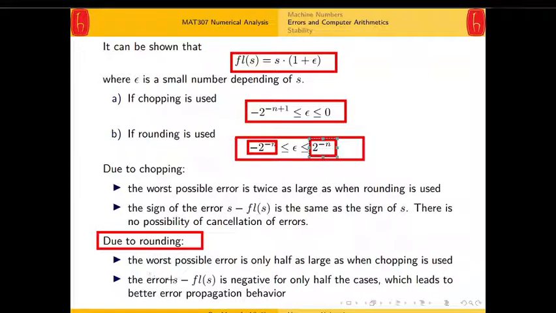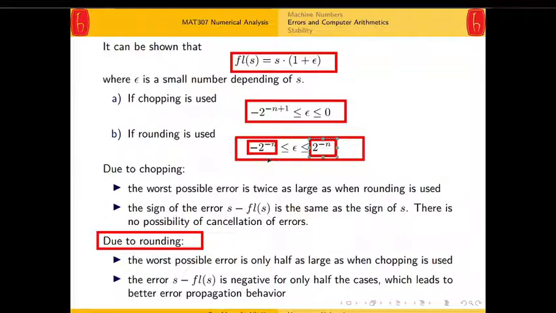So this is quite good. Also, the error s minus the floating point representation of s is either negative or positive. In some cases it's positive, and in others it's negative. So if we do operations with these numbers, there is a better chance to cancel this error.